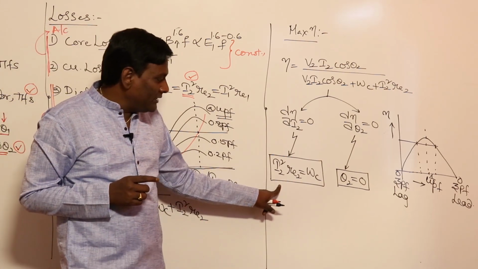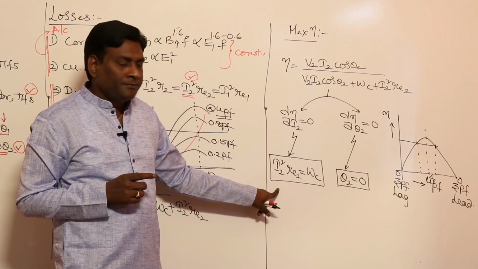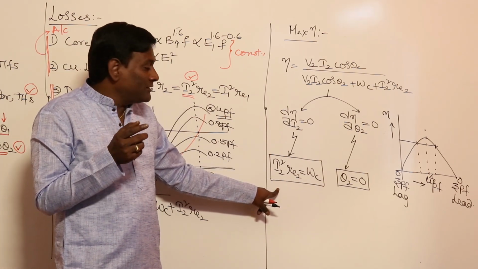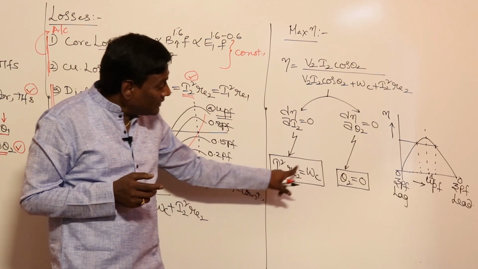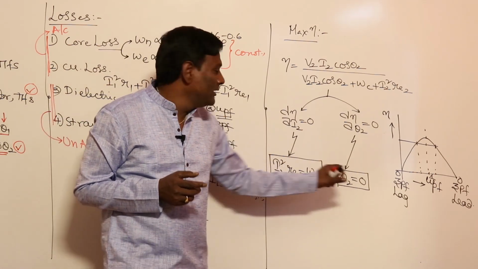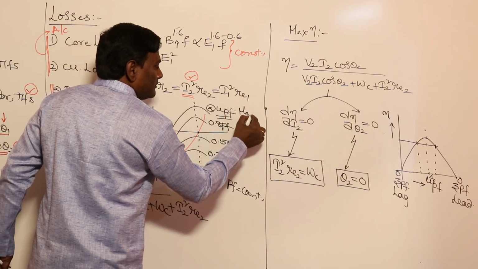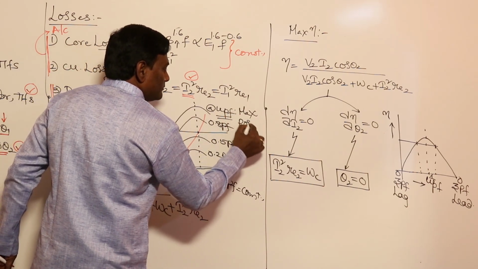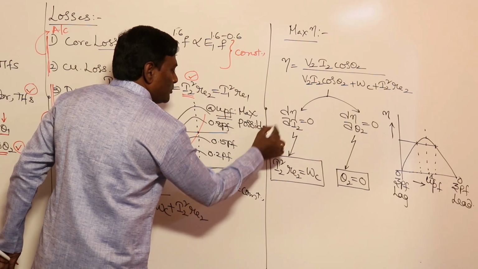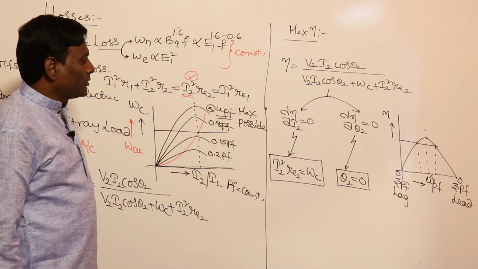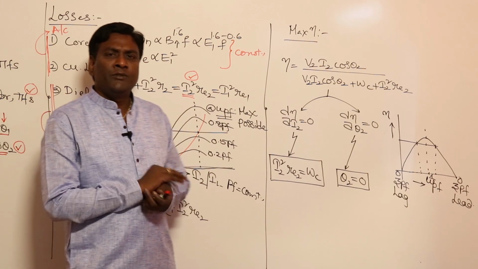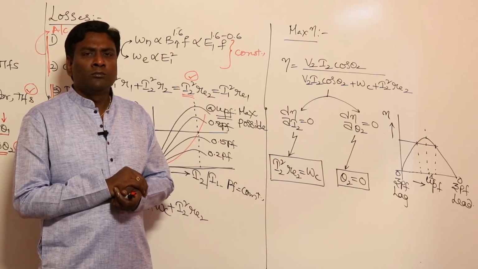Maximum efficiency will occur here when core loss equals copper loss. Maximum possible efficiency means that this has to be met and this also has to be met. So maximum possible efficiency is occurring at unity power factor. So this is all about efficiency. Then we will enter into problems soon.